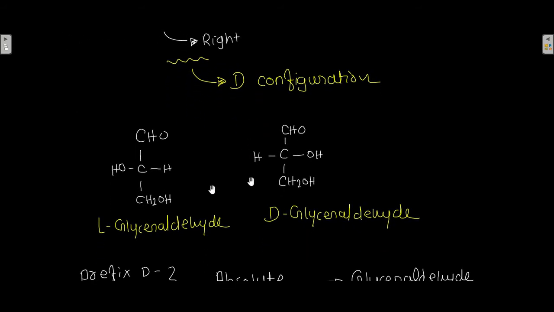So in this figure you can see this is L-glyceraldehyde because the hydroxyl group is at the left position, and this is D-glyceraldehyde. The hydroxyl group is in the right position here.